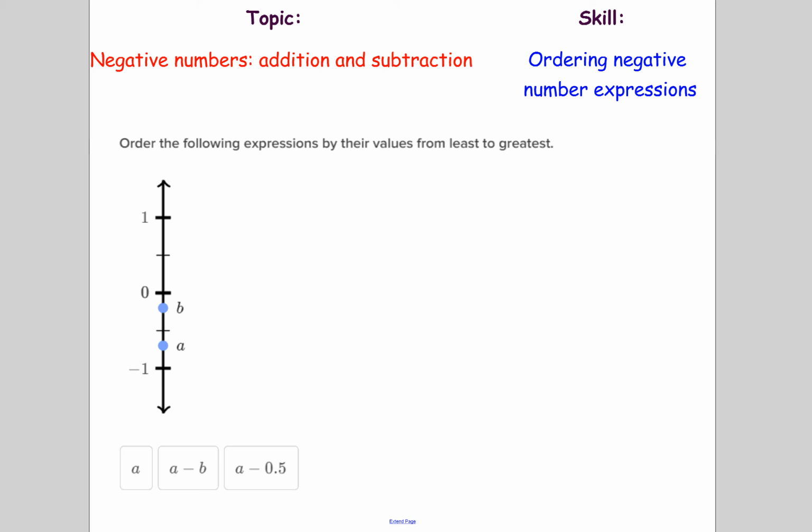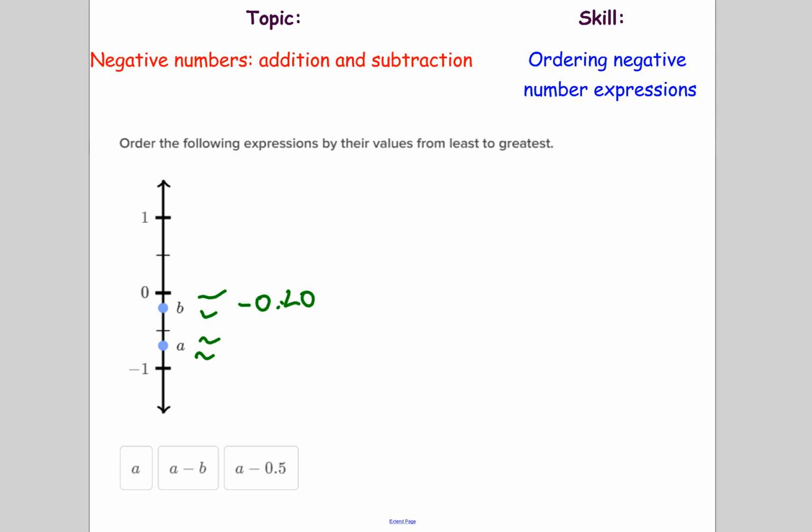We have to put these in order from least to greatest. So let's come up with a good approximate value for B, a good approximate value for A, and we can kind of figure this out. So B is approximately, let's see, if that's negative, that's 0, that's -1, this is -1/2 here. So let's say B is negative 0.20.